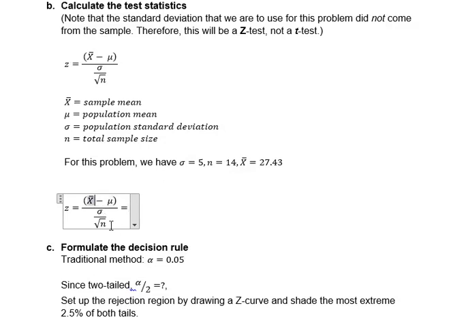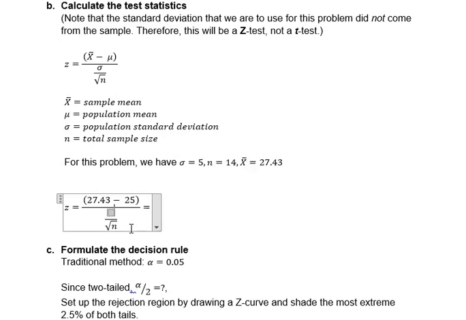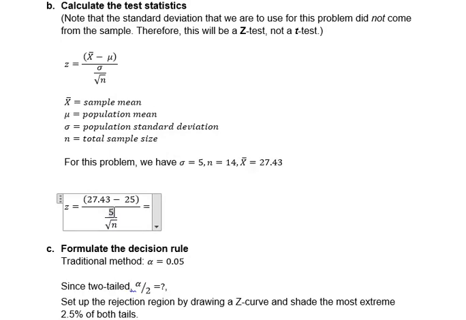Here, we have to calculate by ourselves. 7.43 minus the population mean, which is 25, and you are already given the standard deviation of the population, which is 5, and the total sample size is 14.